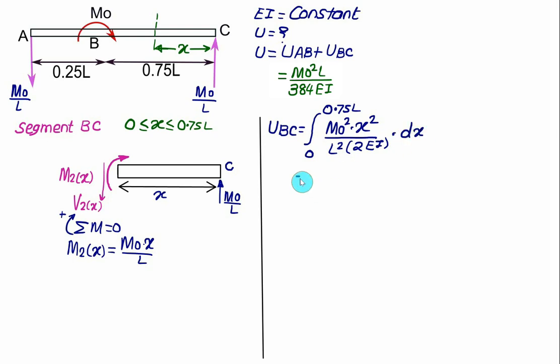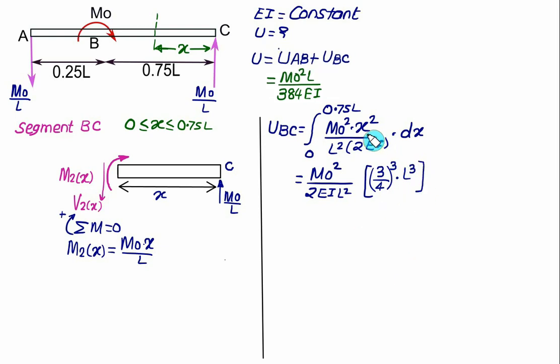So we can take out M0 square as common. We also have 2 times EI as common, and L square is common. The integral of x square will be x cube by 3. Now this time we have x equal to 3 by 4, so we have 3 by 4 as 0.75. We have to take the cube of it into L cube. The lower limit is meaningless. And we have x cube by 3, so we have to divide it by 3 here.